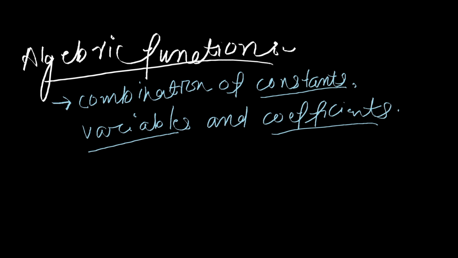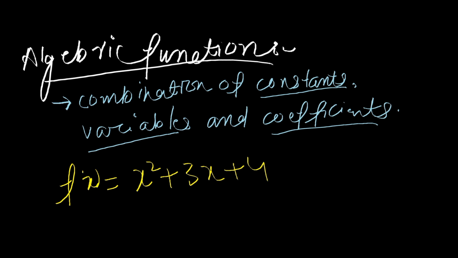Here's an example. I have this function over here: x squared plus 3x plus 4. This is an algebraic function. So far we've only discussed algebraic functions in our previous videos.